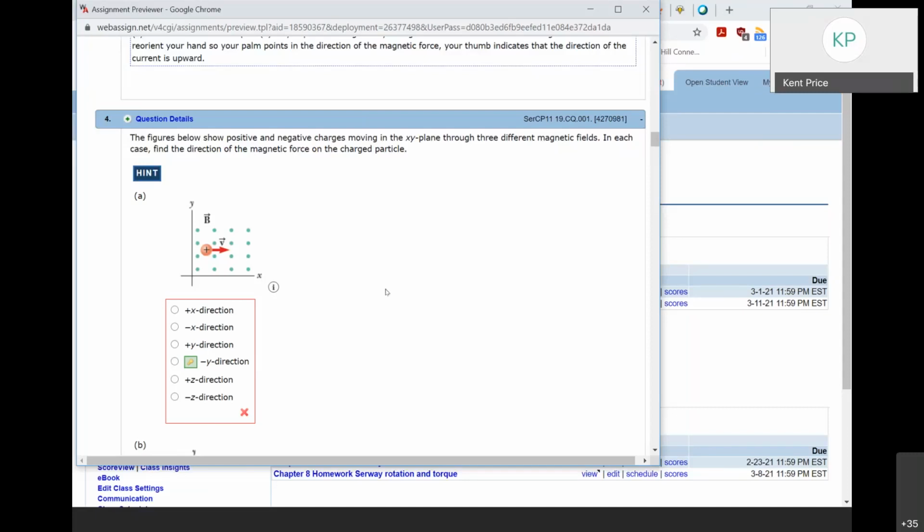So in order to face my palm out of the screen, I've got to turn my hand over. Now I've got my fingers pointing in the direction of V, and my palm is pointing in the direction of B, out of the screen. Look at your screen, not at me. And then my thumb is pointing down, which is the negative y direction, and you'll see that on my copy it tells me that that's the right answer.